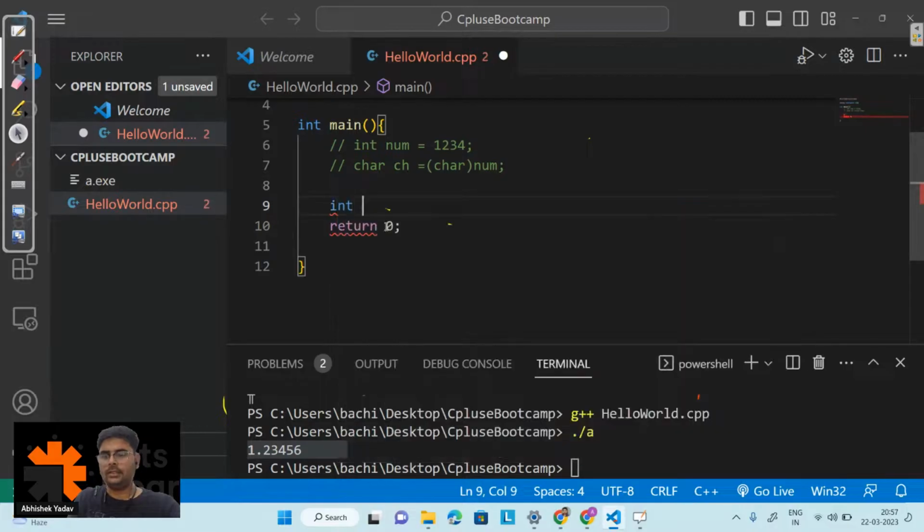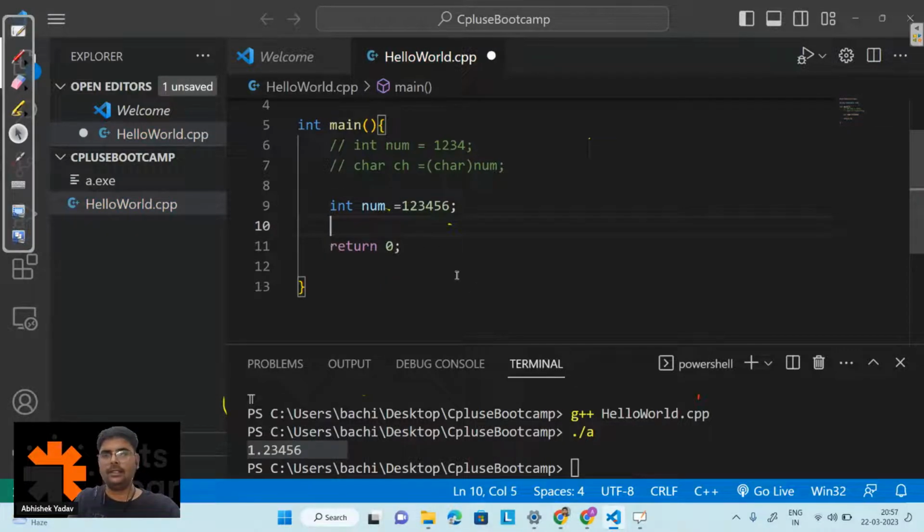So here I have int num is equal to 123456, and I have to print the last digit. How can I do this? Anyone? That is, I have to print 6 on the output screen. No one?